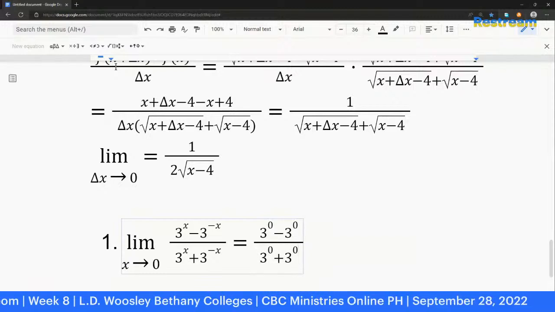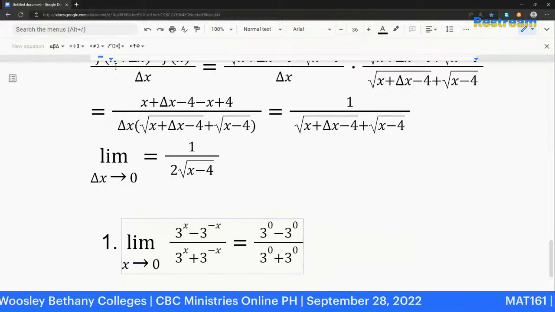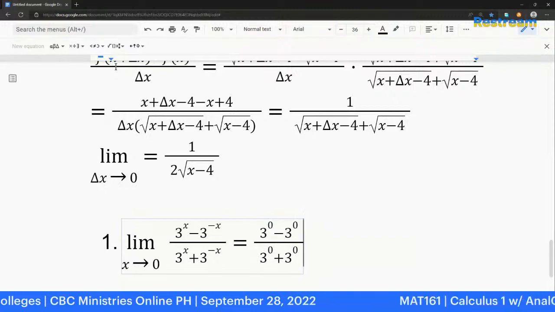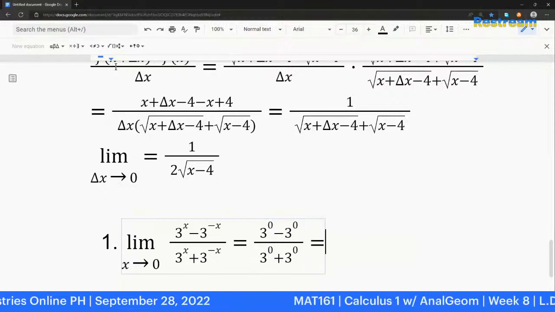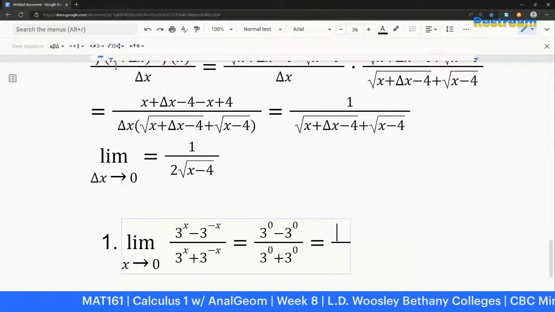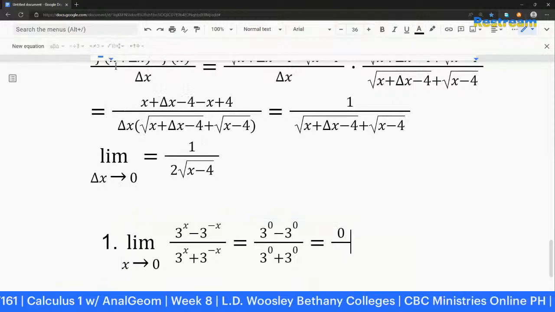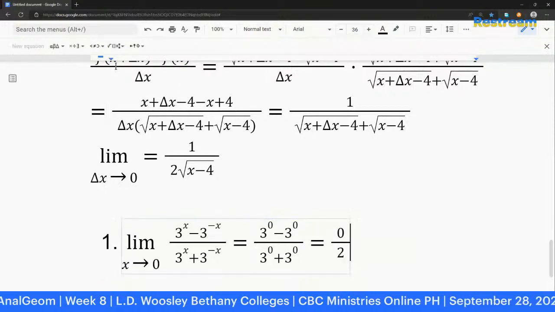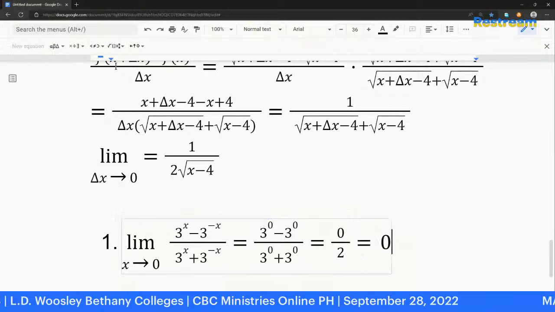So, simplifying further, we have 0 over 2 po. So 0 over 2, correct? So the answer is 0. Okay, correct? Very good.